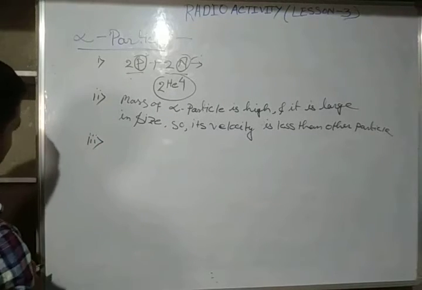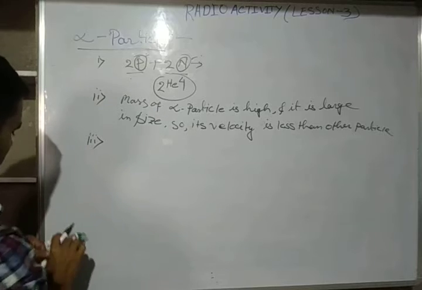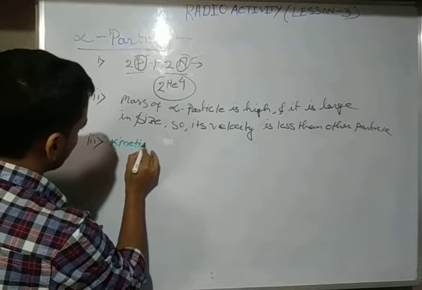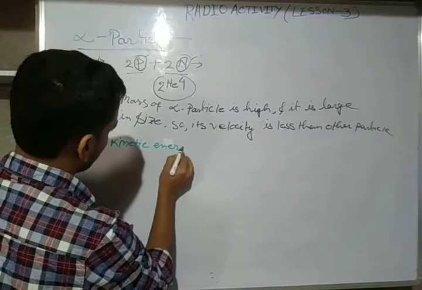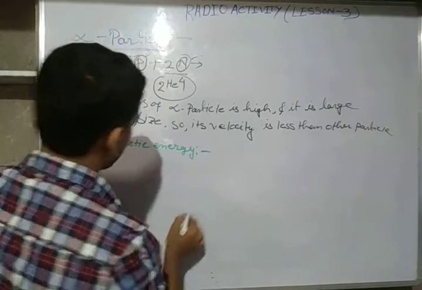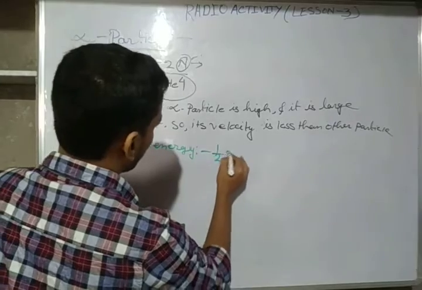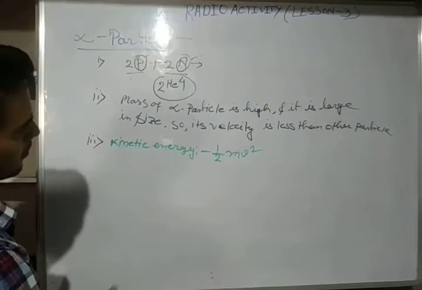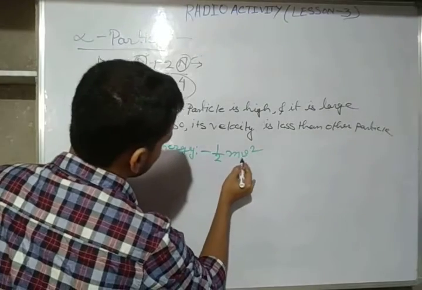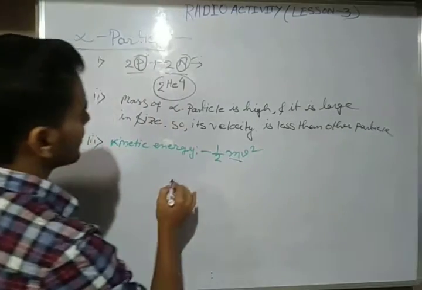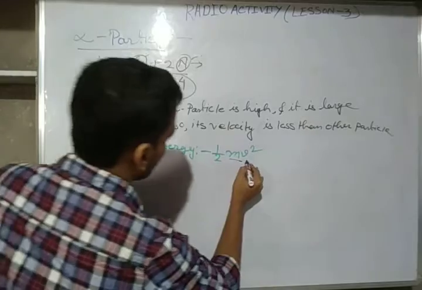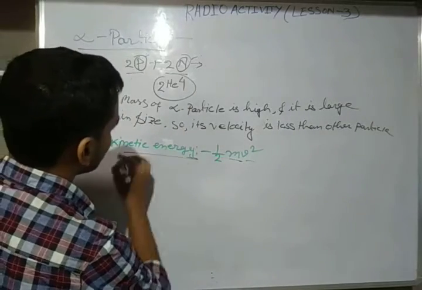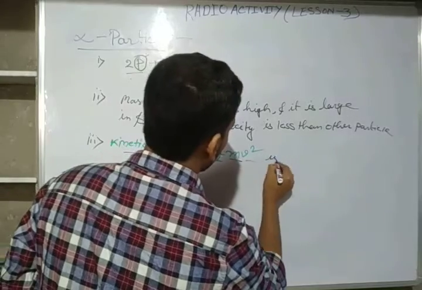Now its kinetic energy. It is denoted by half mv square. The mass is high and velocity is low, but due to the high mass, the kinetic energy of alpha particle is also high.